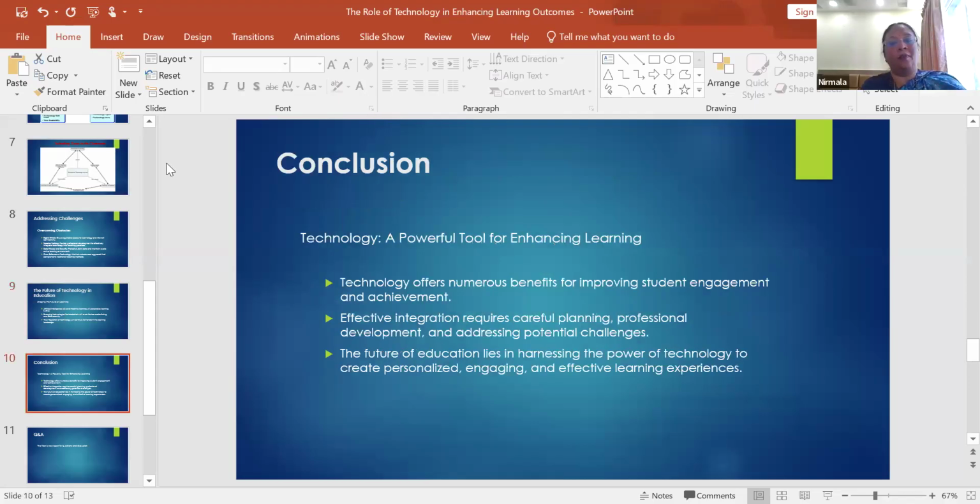And then lastly, technology is a powerful tool for learning. It offers numerous benefits for improving student engagement and achievement. It's an effective integration with careful planning, professional development, and addressing the potential challenges.